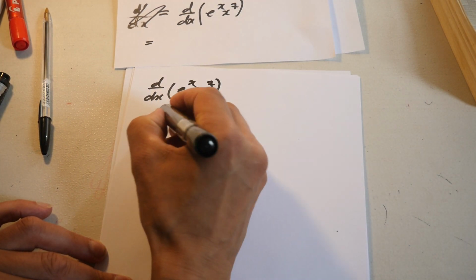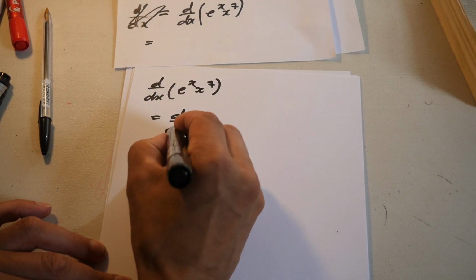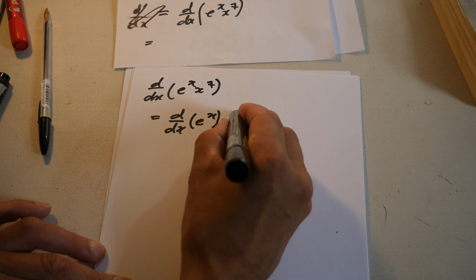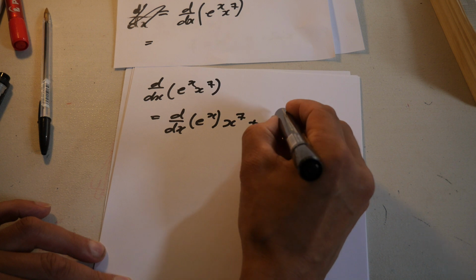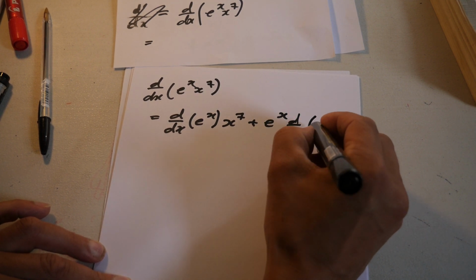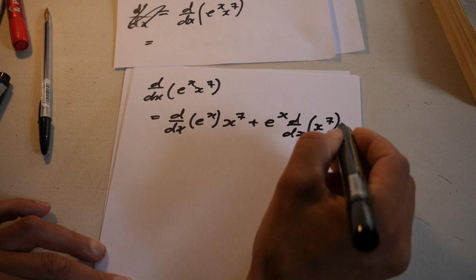So that equals the derivative of e to the x times x to the 7th plus e to the x times the derivative of x to the 7th.